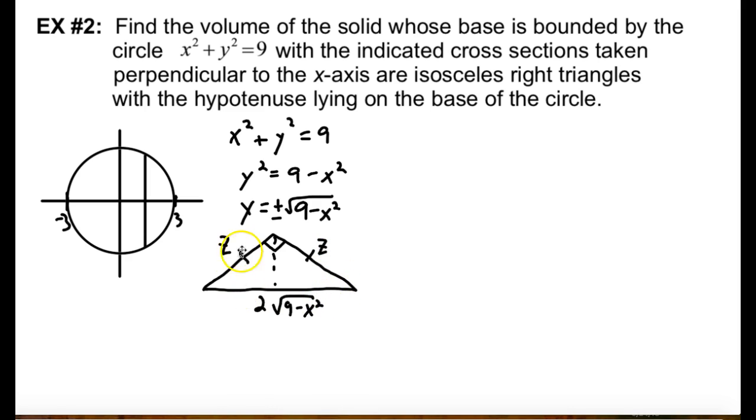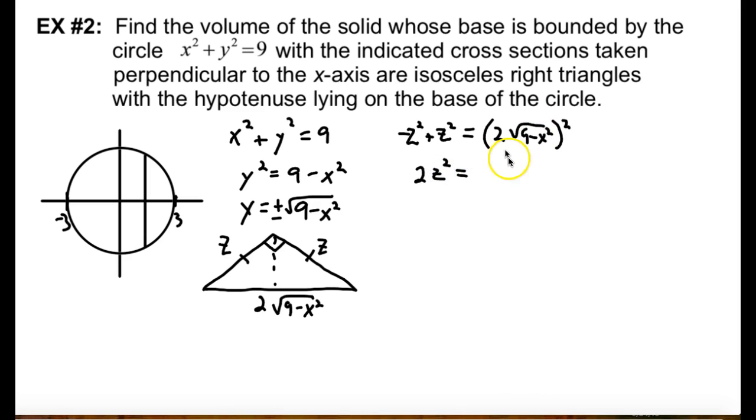So if I want to use the Pythagorean theorem to set this up, I could say z squared plus z squared is equal to the hypotenuse squared. So 2 times the square root of 9 minus x squared, squared. Here, these would combine, so this would just be 2z squared.